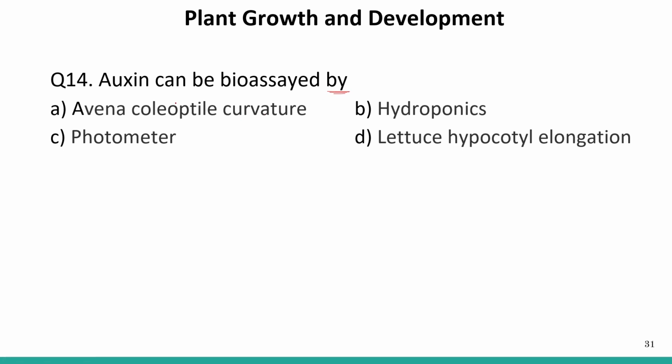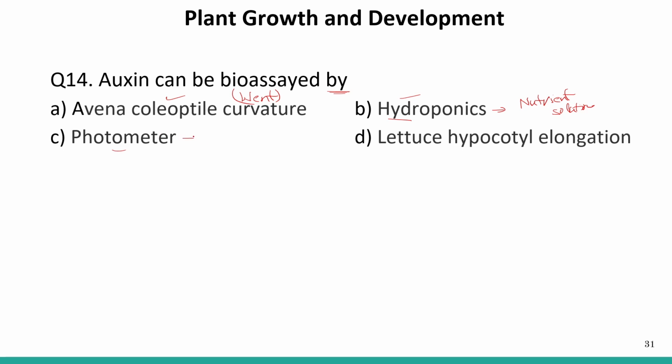This we have already discussed. The options are Avena coleoptile curvature, where we discussed the experiment done by Went. Next is hydroponics. Hydroponics is growing of plants in water, or nutrient solution, without soil. Hydro means water. The next option is photometer.